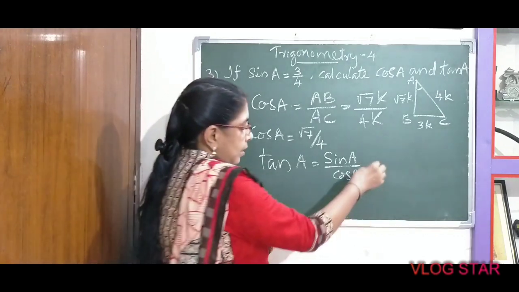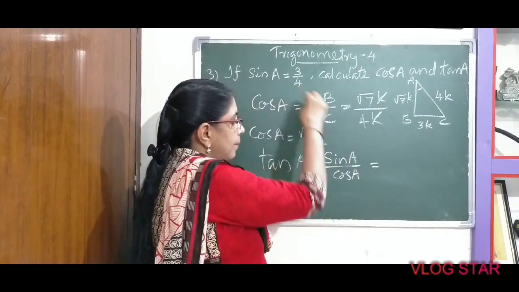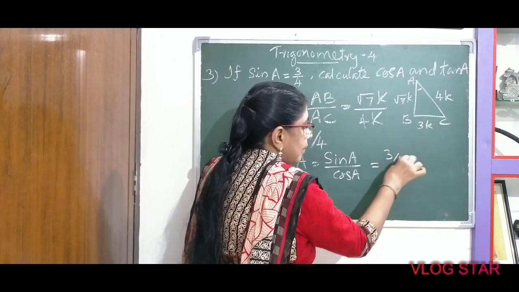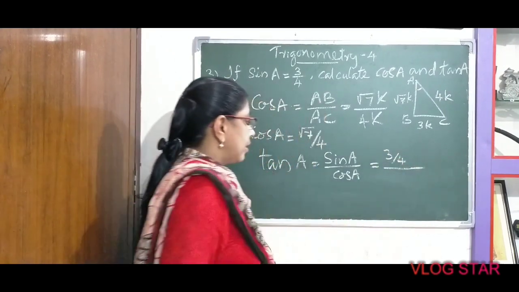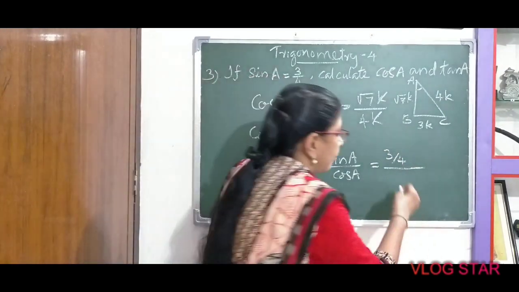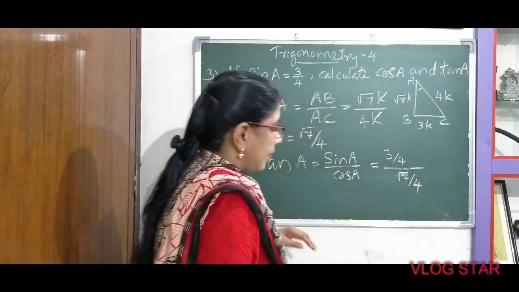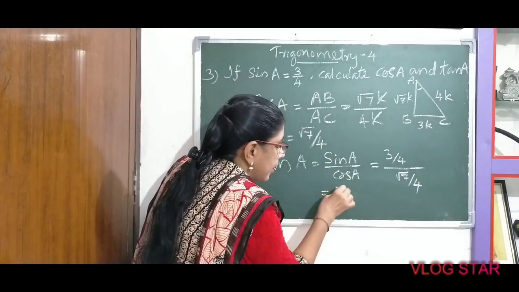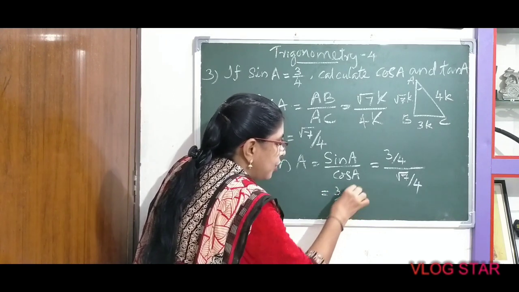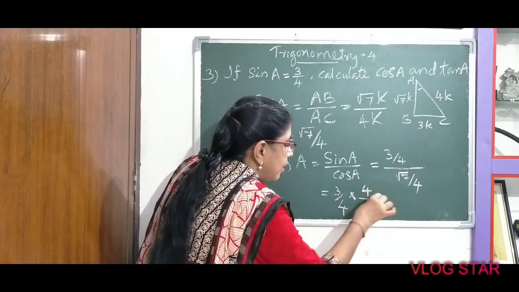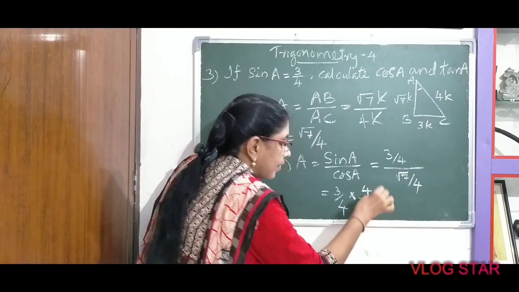Now, sin A is 3 upon 4, the whole divided by cos A, which is root 7 upon 4. This is equal to 3 upon 4 into 4 upon root 7.